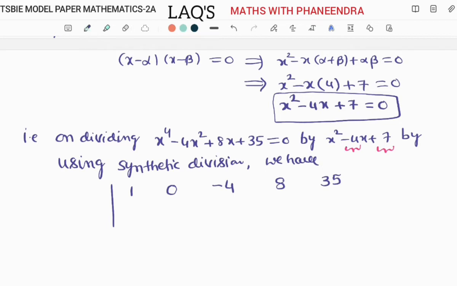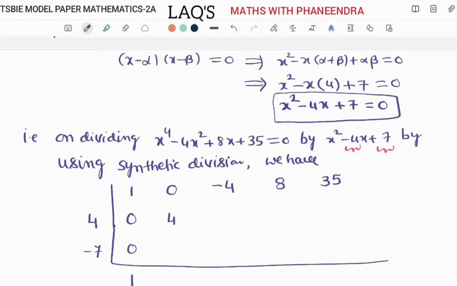Now in the quadratic factor like this, first here you can put 4, since minus 4 is there it means plus 4, and plus 7 is there, it means minus 7. First here you can put zeros both. Add these: 1 into 4 is 4, you can write here. I hope you understand that. Again I am writing.